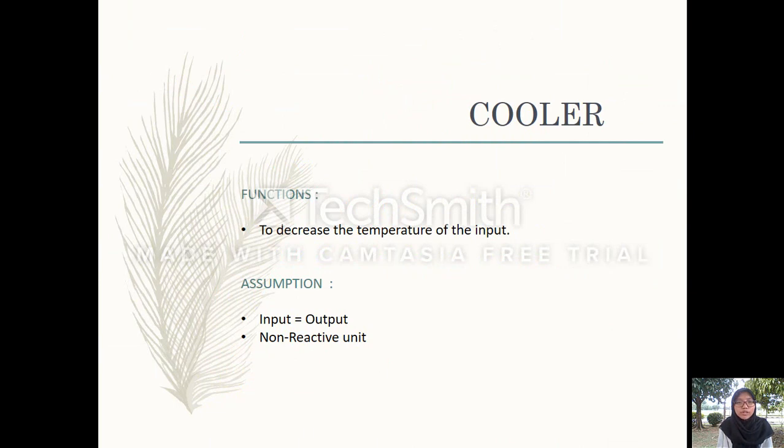Next is the cooler unit. As you all know, the function of the cooler unit is to decrease the temperature of the input. Sometimes we put a cooler because the unit before has a very high temperature, so we need to cool it to prevent any dangers, such as the machine exploding, or maybe because the next unit needs a low temperature. The assumption for the cooler unit is that input equals output, because the only thing we change is the temperature, and the cooler is also a non-reactive unit.